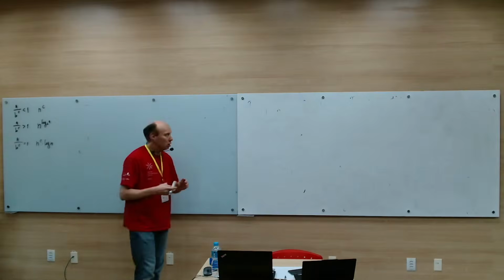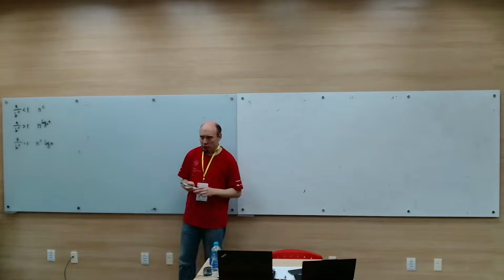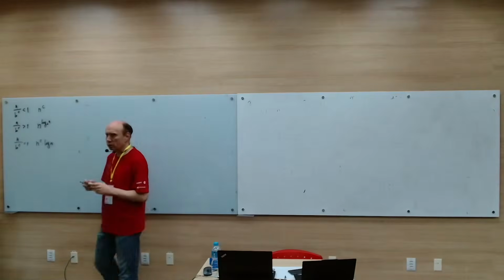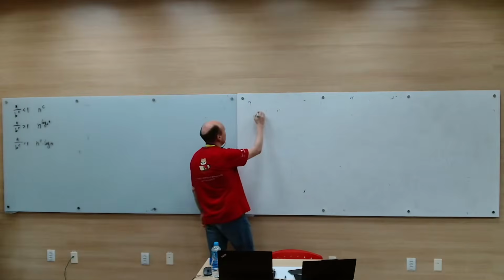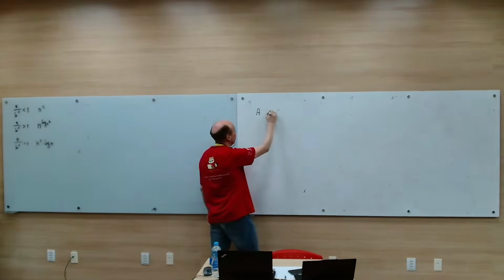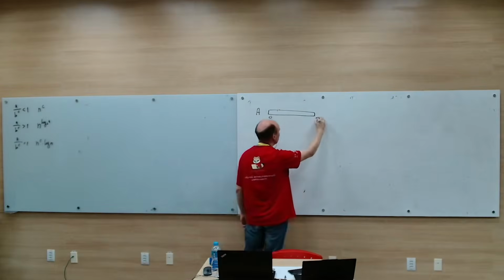So what is the fast Fourier transform, the discrete Fourier transform? Let's consider an array called A of length n. We will index it from 0 to n minus 1.